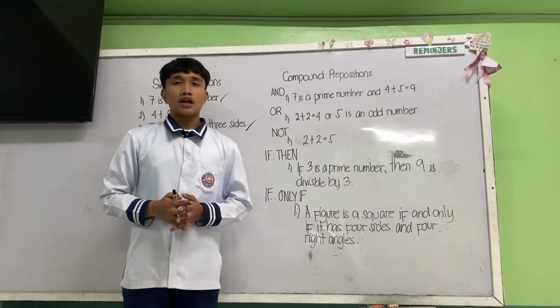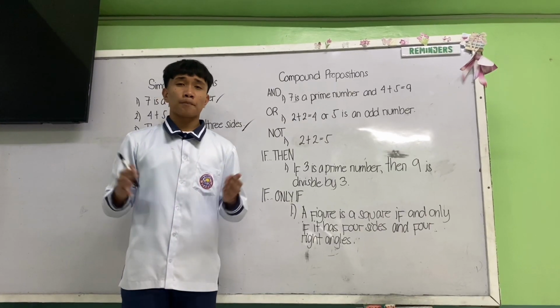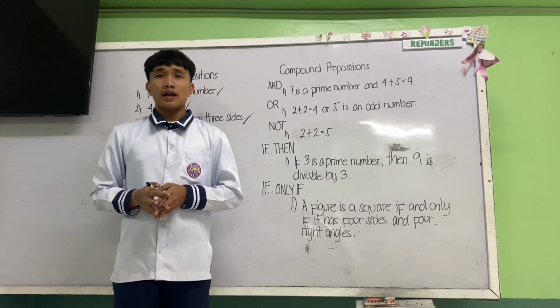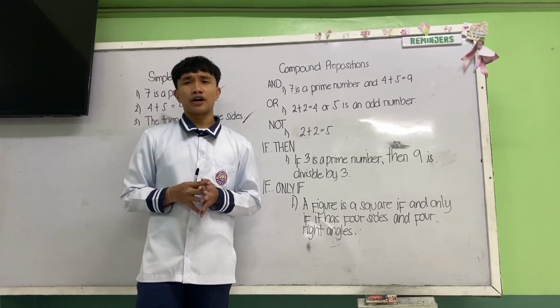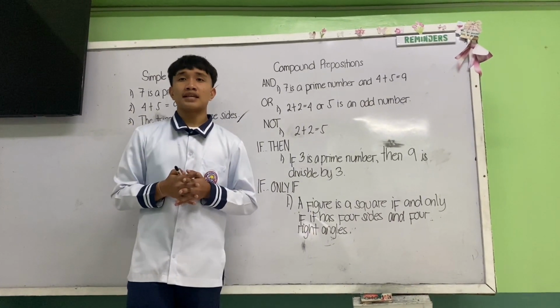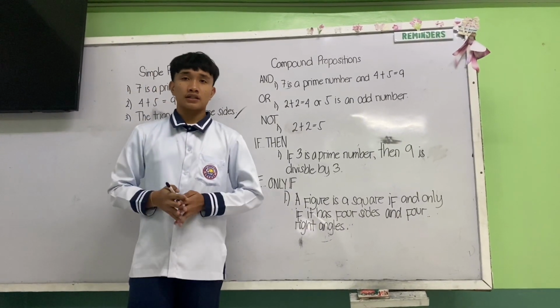The key rule is a disjunction is false only when both propositions are false. Example, 2 plus 2 equals 5, or 5 is an even number. Both parts are false, so the statement is false.